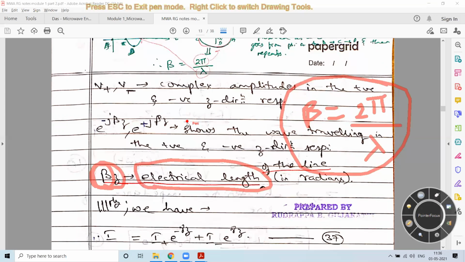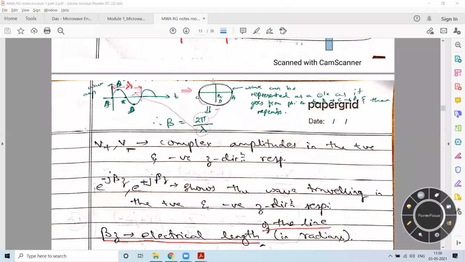So it is the ratio of 2 pi, the distance traversed in radians. If you consider any waveform, when one cycle is completed, that one cycle will consume 2 pi radians. So in radians, it traverses 2 pi.